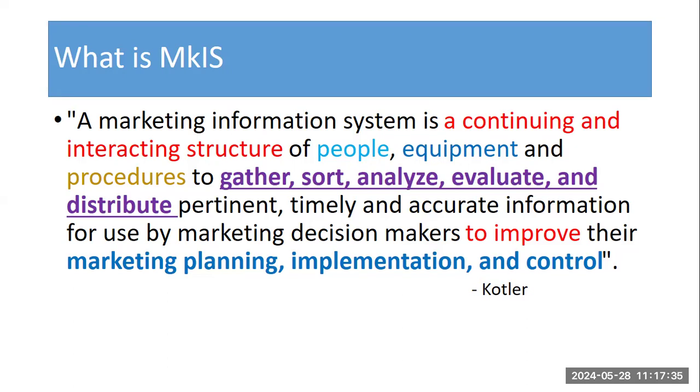They interact with the help of this system and equipment. That's why the system nowadays works through the computer system. People use the computer, and the equipment is there, and the procedures are there, on how they can gather, at what time, where, and who can. There are some procedures for that.